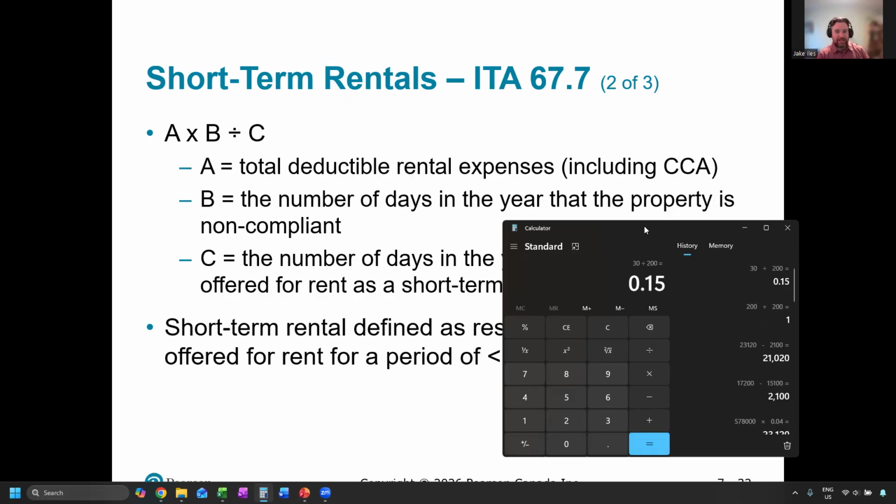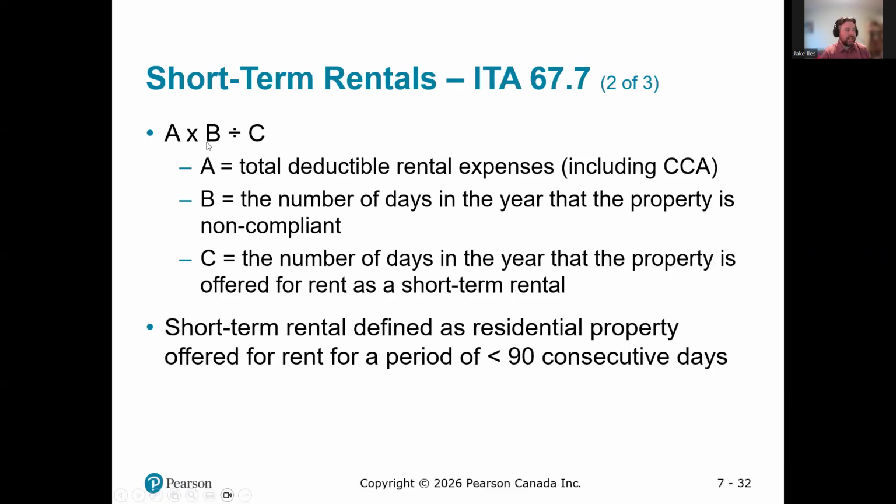So of my expenses, I can still take 85% of them. So if my expenses were $2,000, I can't deduct $300. So I can still deduct $1,700.